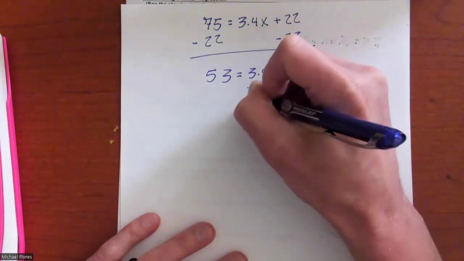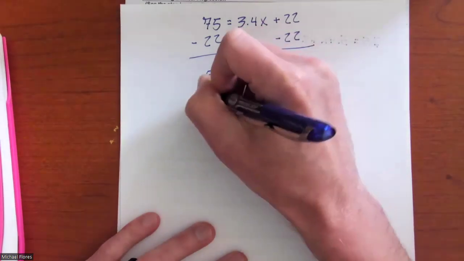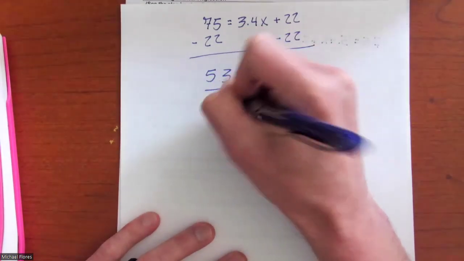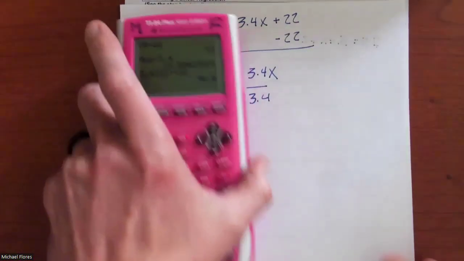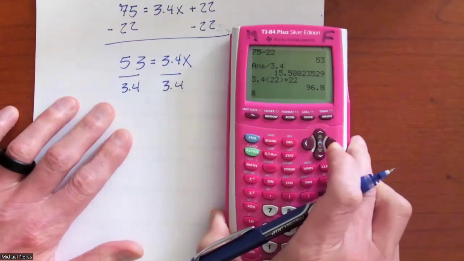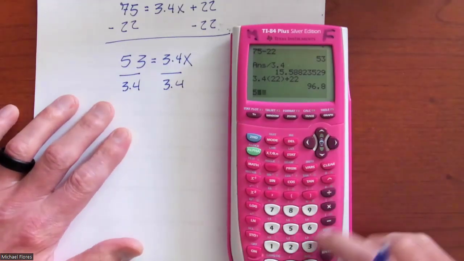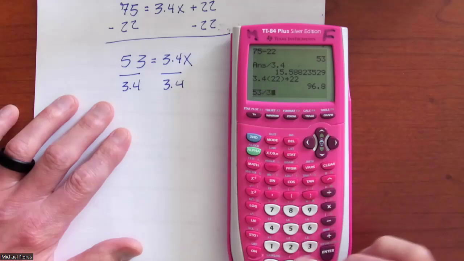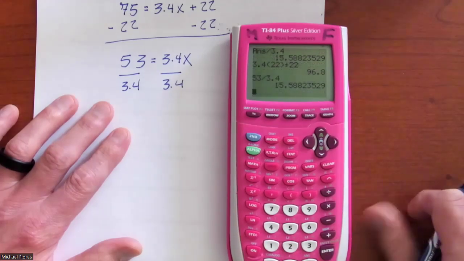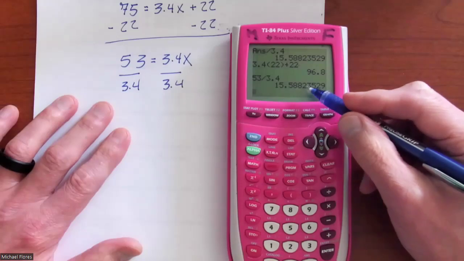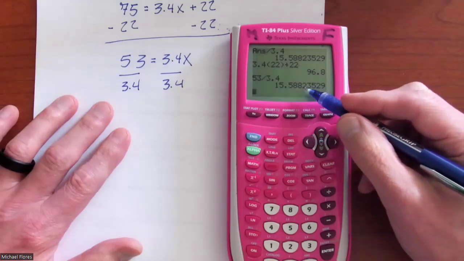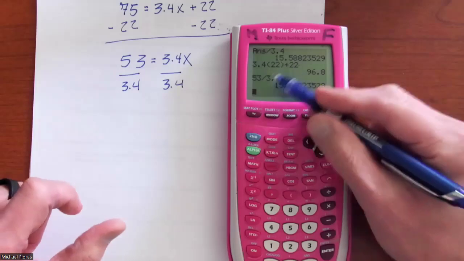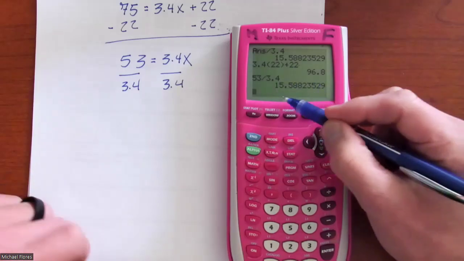Then divide both sides by 3.4. 15.5. Well, remember, we're talking about a year here. So we're currently in the 15th year. We haven't made it all the way through yet.